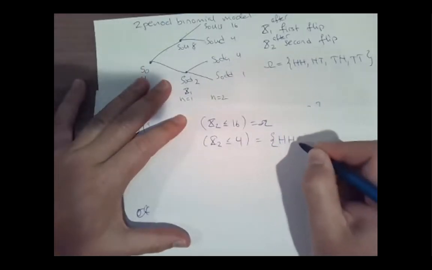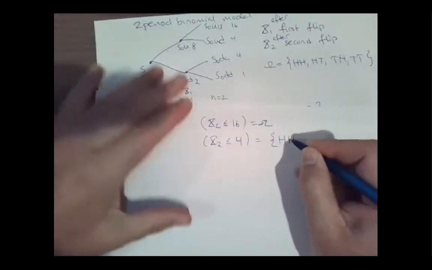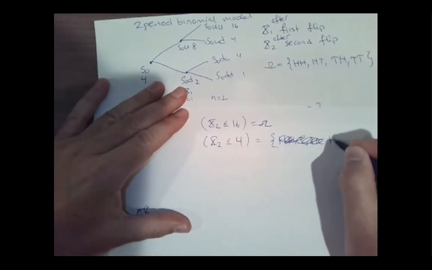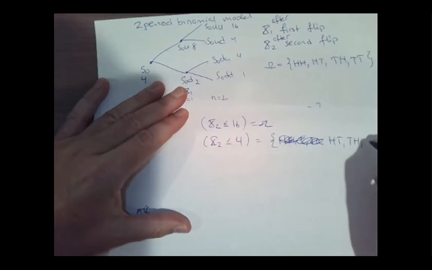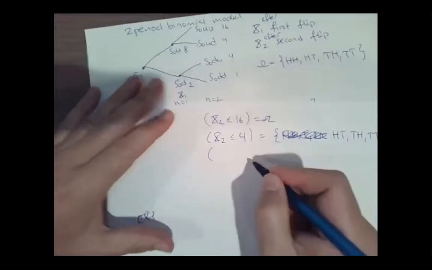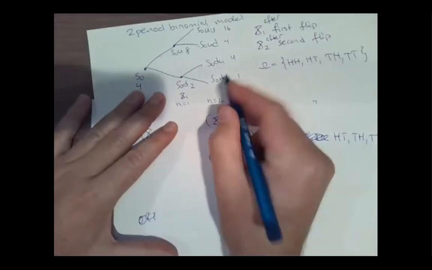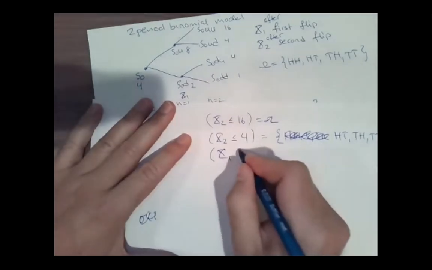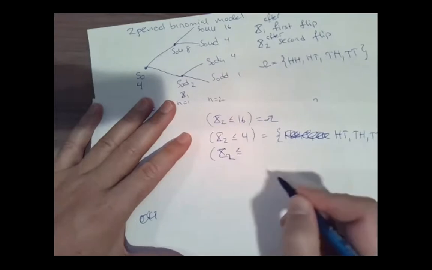HT, TH, TT. Being sloppy here. HT, TH, TT. Yeah. And then you want to do x2 less than what? 3.